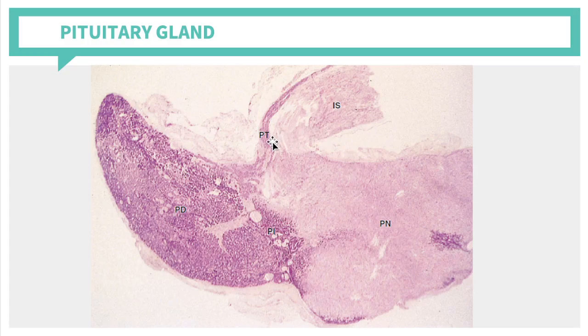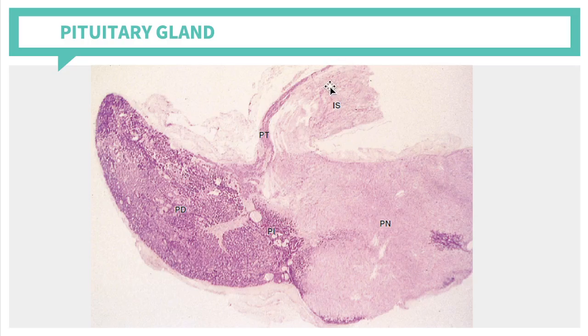Again, histologically, the two parts of your pituitary gland reflect their origin, as seen in this low magnification section of your entire gland. The infundibular stalk, this portion here, and your pars nervosa, this portion here, of the neurohypophysis resemble the CNS tissue. You have done the discussion of the CNS with Dr. Ian.